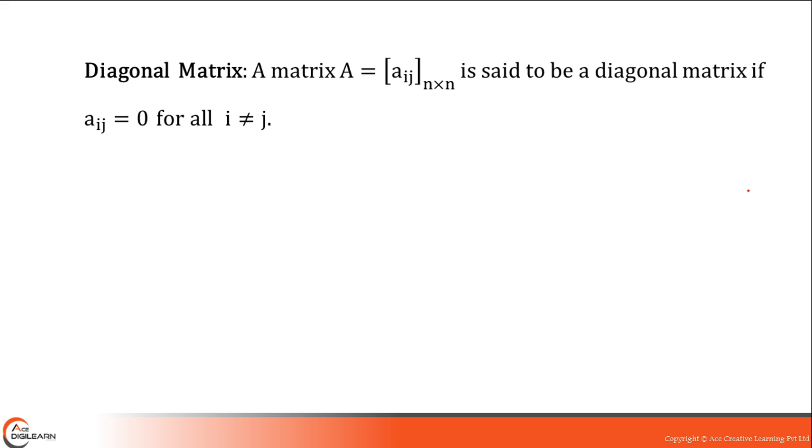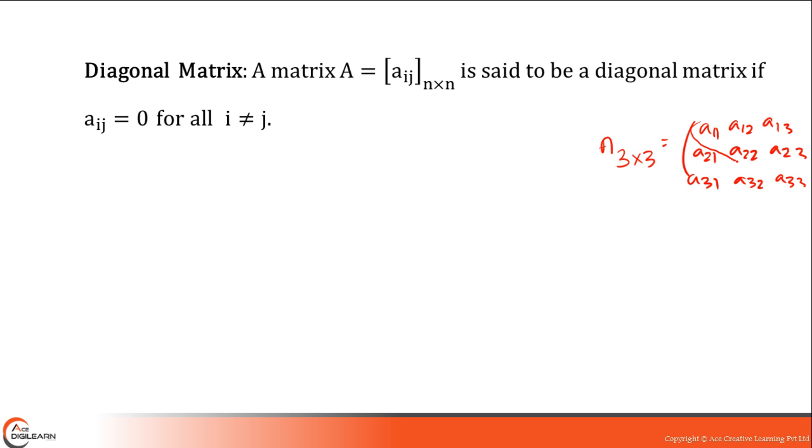Next, diagonal matrix. A matrix A equals [aij] of order n by n is said to be a diagonal matrix if aij equals 0 for all i not equal to j. Look at a matrix of order 3 by 3, which can be written as a11, a12, a13, a21, a22, a23, a31, a32, a33.